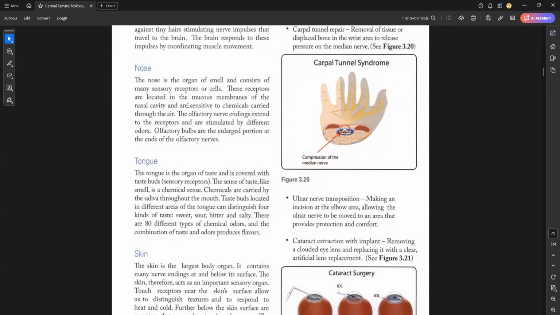The nose is the organ of smell and consists of many sensory receptors. The nose will let you smell. Oh, this is perfume, this is lavender, a nice spray. Or this is a smell from a carcass, a dead body or something. So these are receptors.